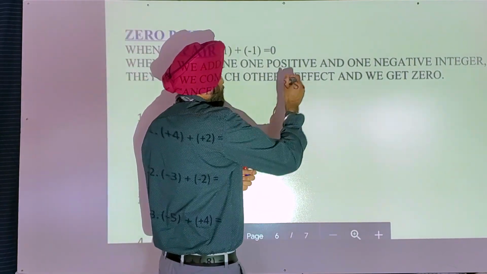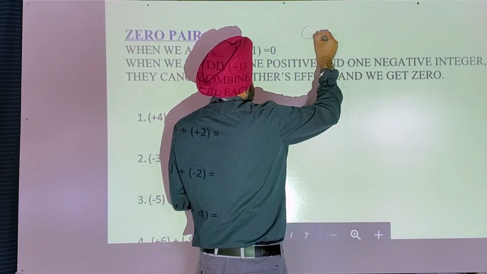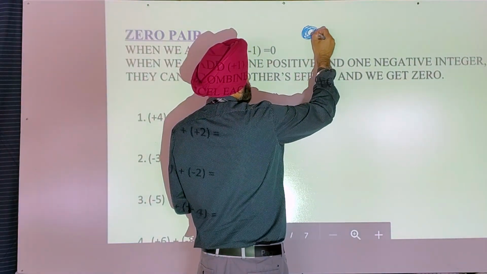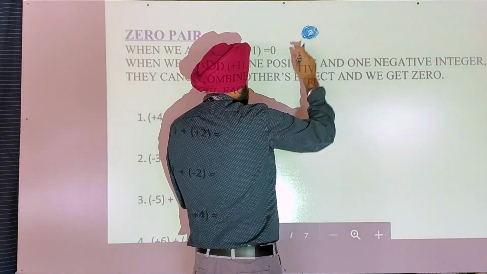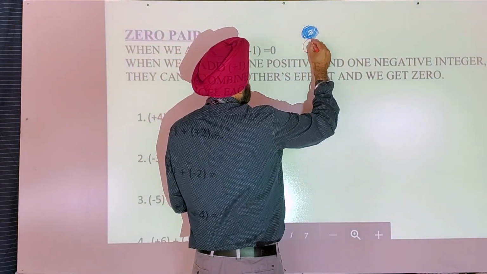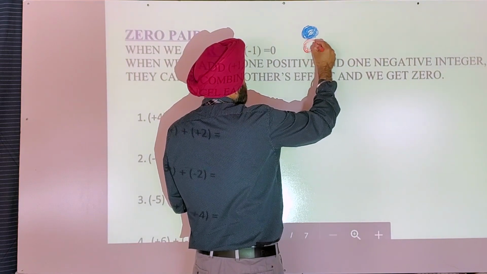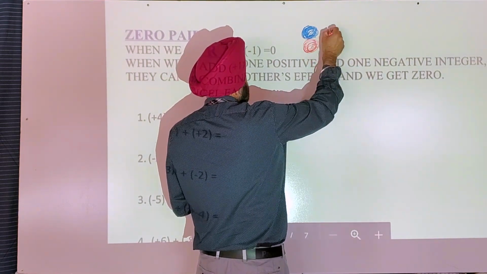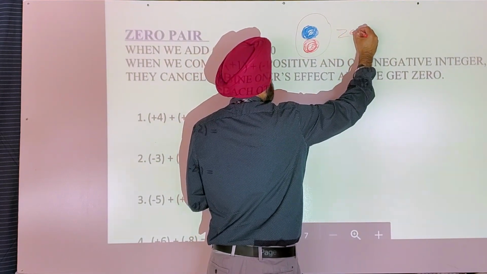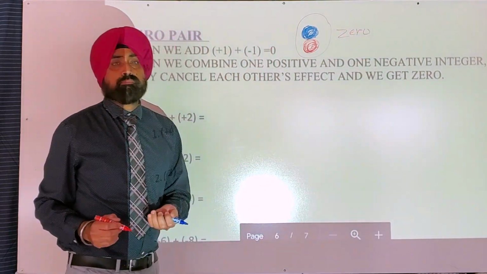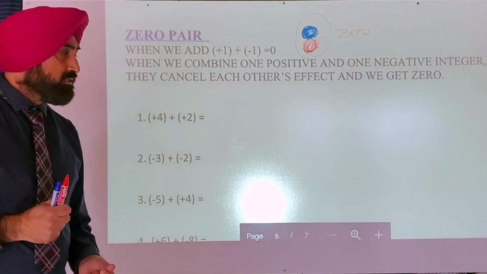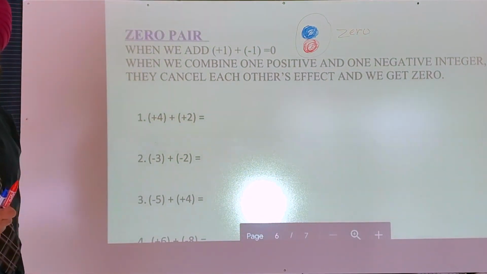Here, this is a blue chip, and this is a red chip, meaning one negative and one positive. When we put them together, what do we get? 0. This is called a zero pair. It's very important when we add or subtract integers using chips.